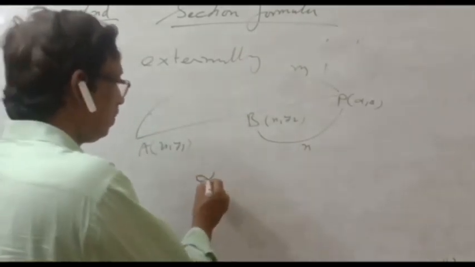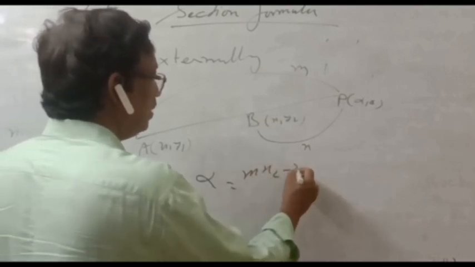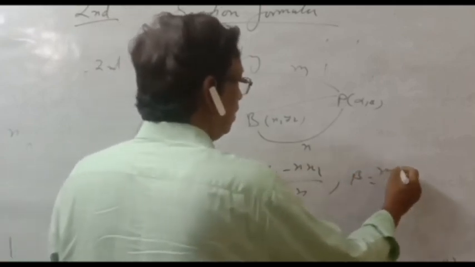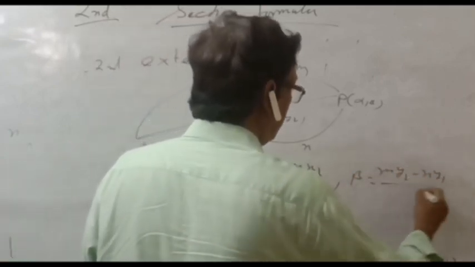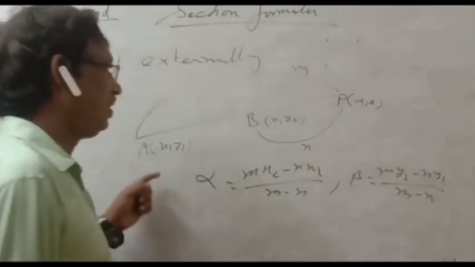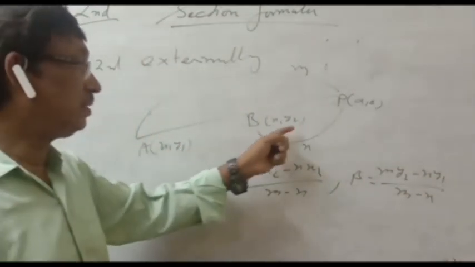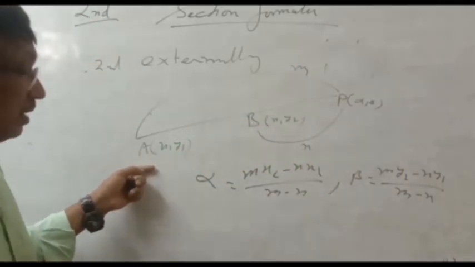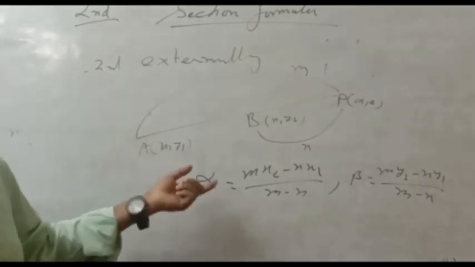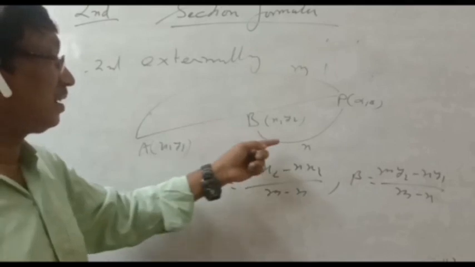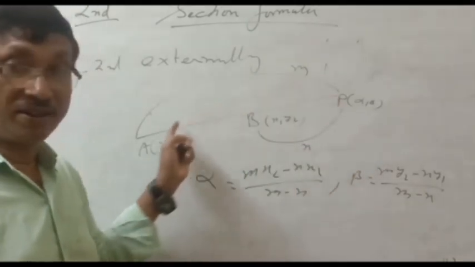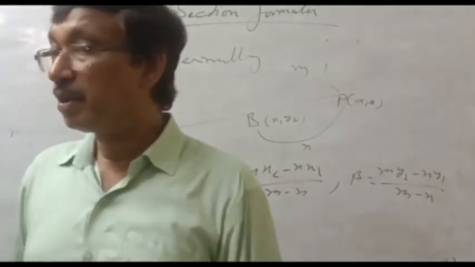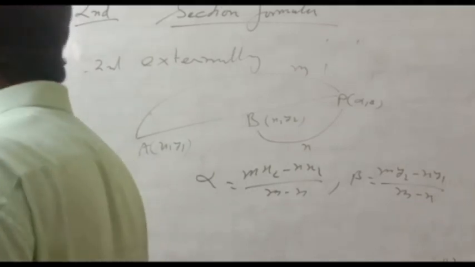Then alpha is equal to m x2 minus n x1 by m minus n, and beta is equal to m y2 minus n y1 by m minus n. The only restriction is that the nearest point is always x2 y2 and the distant point is x1 y1, otherwise the equations become wrong. For external division we only take the negative sign instead of the internal section formula.